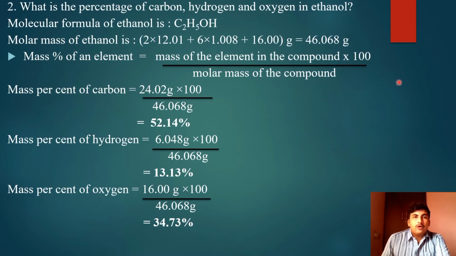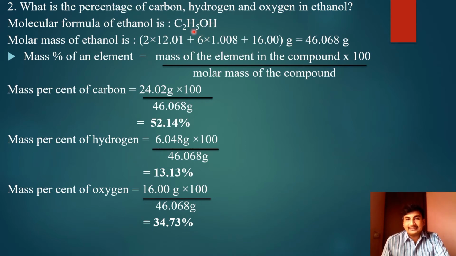One more example. What is the percentage of carbon, hydrogen and oxygen in ethanol? The formula of ethanol is C2H5OH. What is the name of this compound? Ethanol. Now, first we have to find out the molar mass of ethanol. Carbon 2 is there, 2 into atomic mass of carbon, that is 12.01, plus H. How many hydrogen atoms are present? 5 here and 1 here, right?